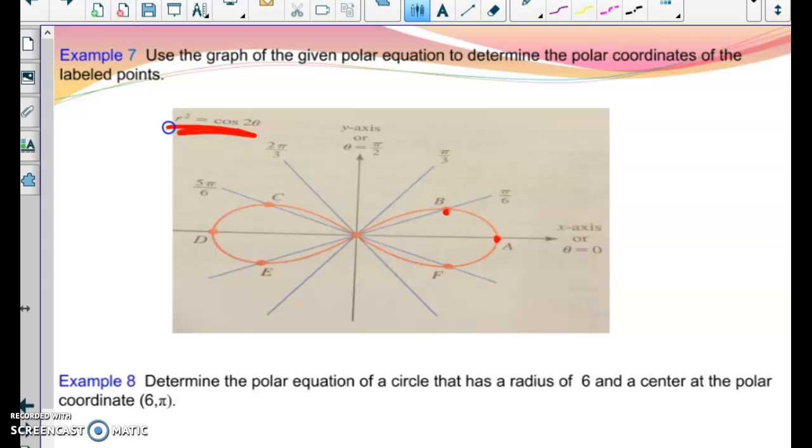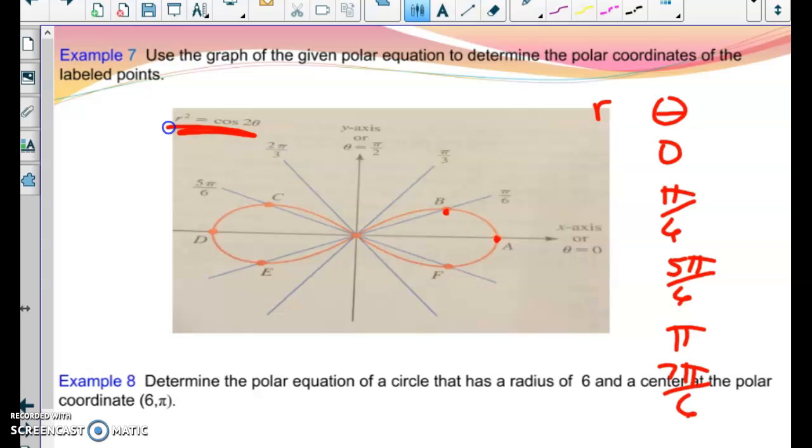So I'm going to make a table. And I know 0, I know pi over 6, I know 5 pi over 6, I know pi, I know 7 pi over 6, and I know 11 pi over 6. So I'm kind of running out of room on there, but I'm going to be finding those.